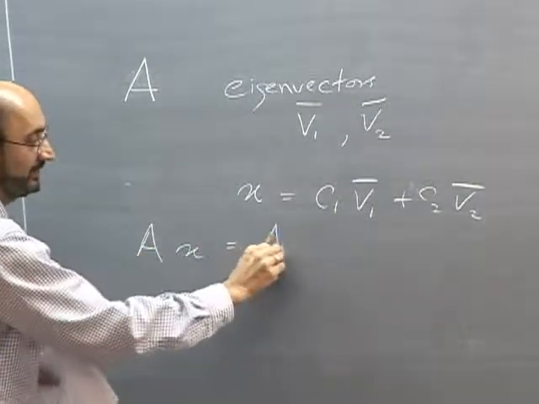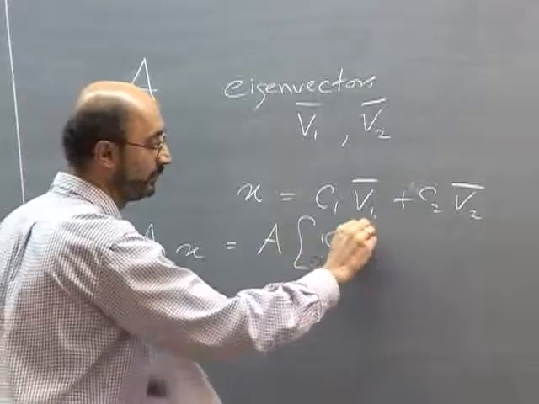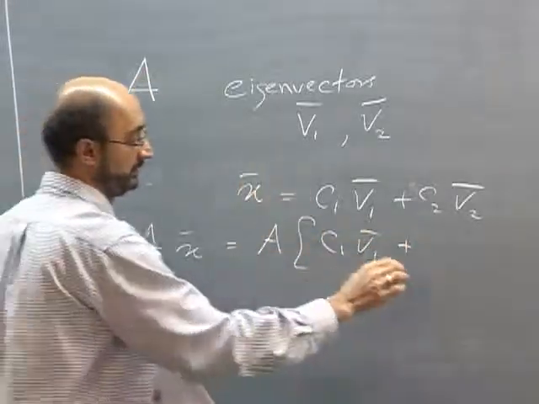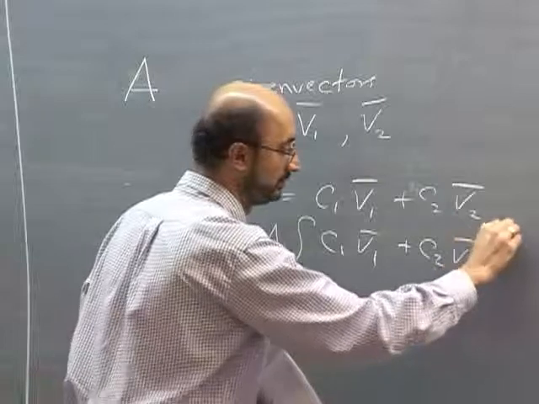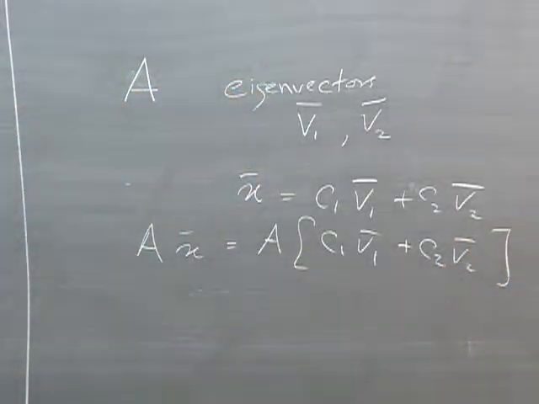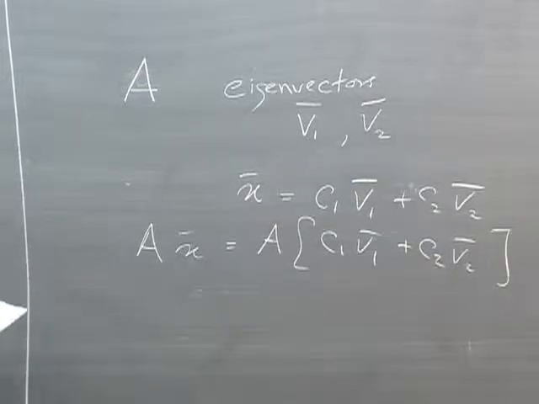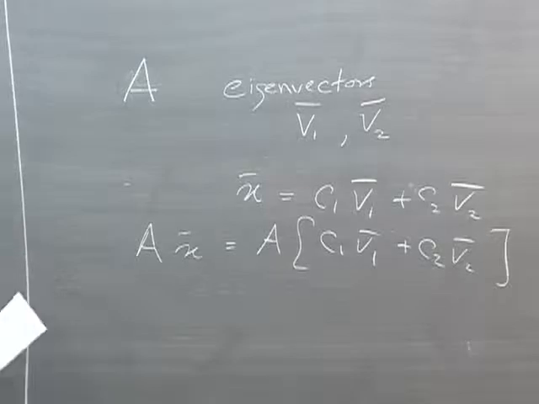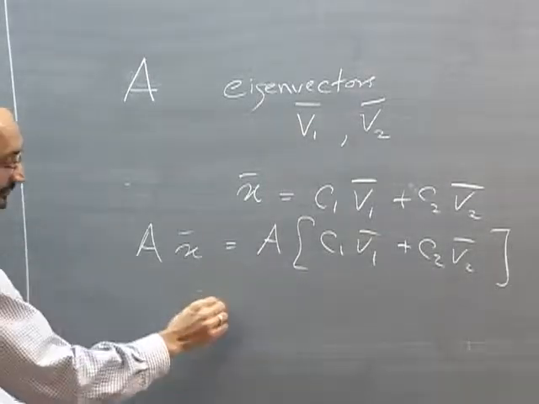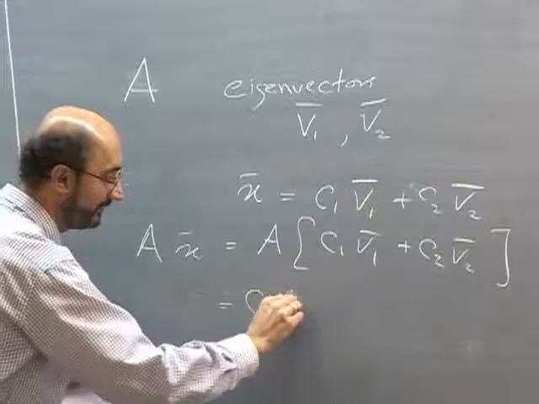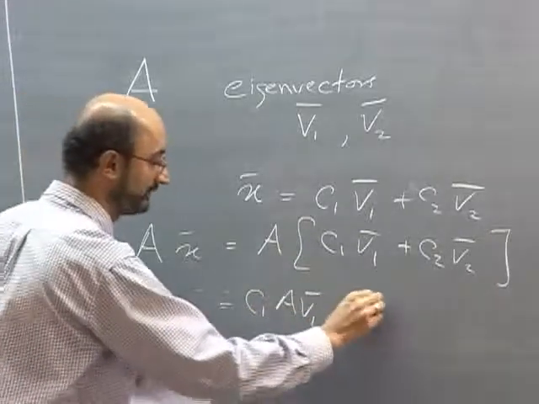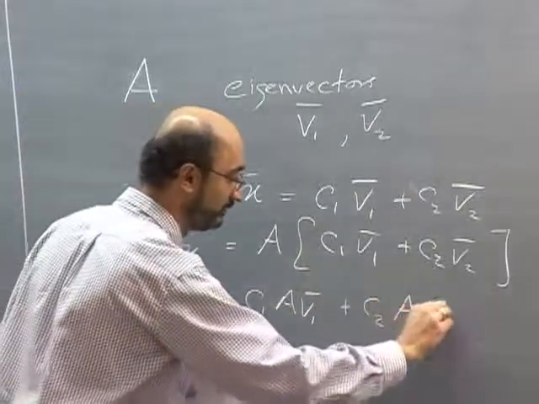Ax is the same as A applied to c1 v1 plus c2 v2, where c1 and c2 are constants chosen to make x. So x is a linear combination of the eigenvectors, which means that if the vectors span the space, we're going to find some combination of v1 and v2 such that we get x, and I'll show an example of how that works. So then Ax is this, which can be written as c1 A v1 plus c2 A v2.